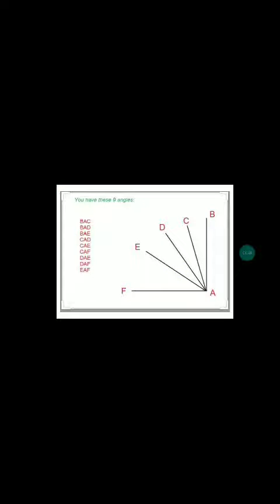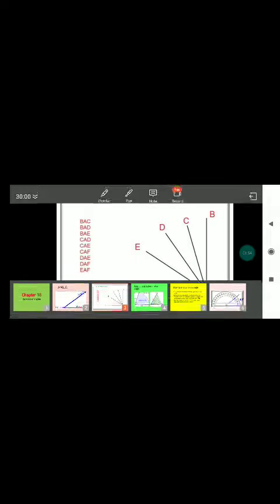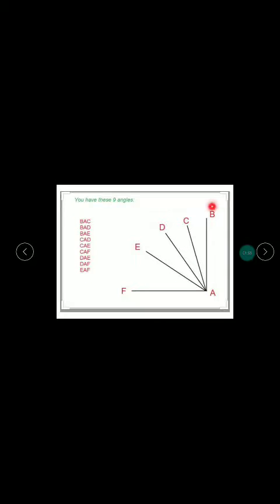if I ask how many angles there are in the figure, for that we just count. We can say angle BAC: BA is a line segment joining with CA, a line segment, forming an angle, that is BAC.